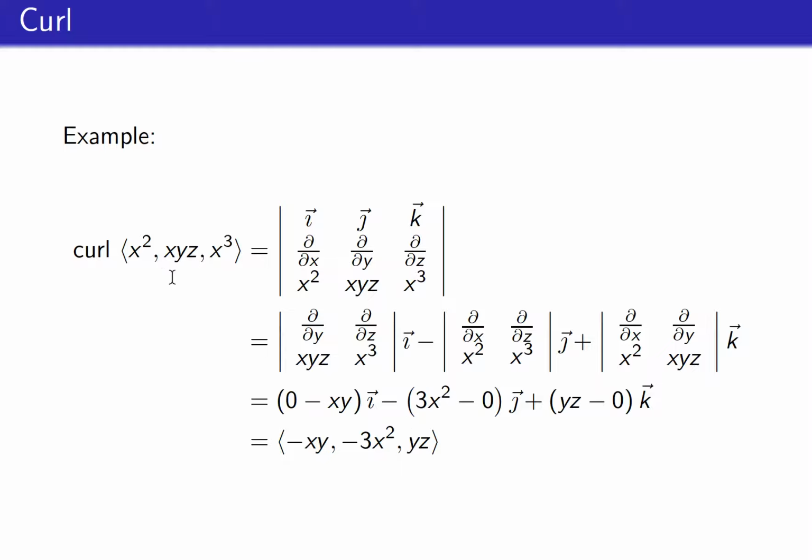And that's the curl. Curl of this vector field is that vector field. Okay, so that's pretty straightforward, if a bit long in process, but by now you're happy doing cross products, so I think this shouldn't take too long for you to do.